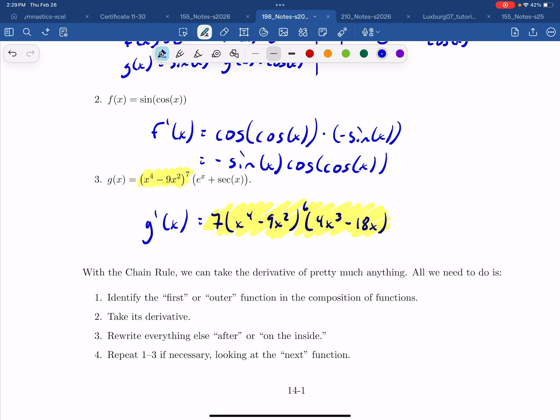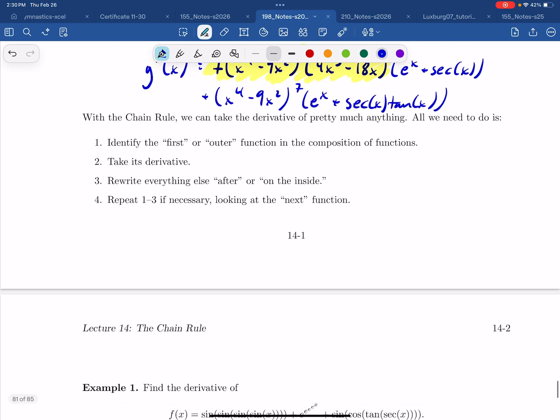So then for the second half, we just want to keep that the same, and then take the derivative of this guy, which looks pretty similar. Okay? So a little gross, a little chain rule in a product rule.